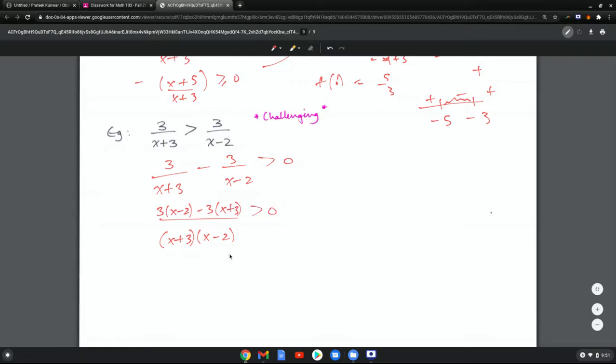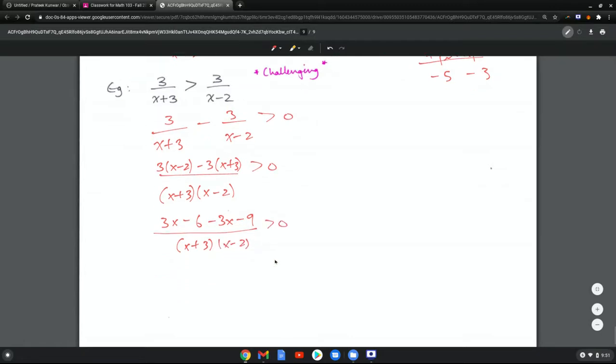Greater than 0, so that's 3x minus 6 minus 3x minus 9 over a nicely factored form in the denominator, greater than 0, which causes the 3x to cancel out. So you have negative 15 over (x plus 3)(x minus 2), greater than 0. Again, you can get rid of the negative sign by multiplying by negative 1.